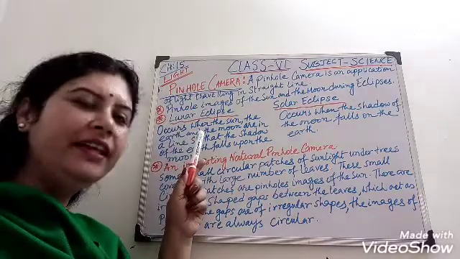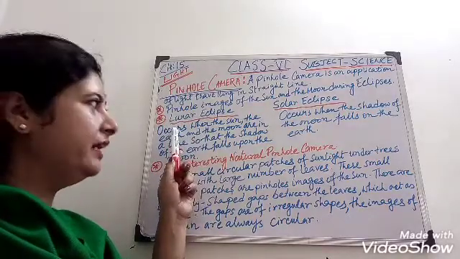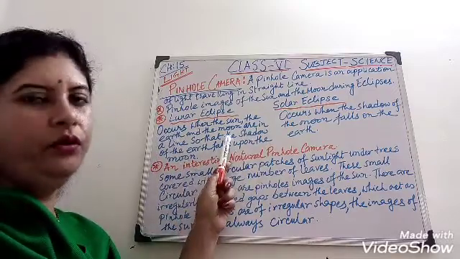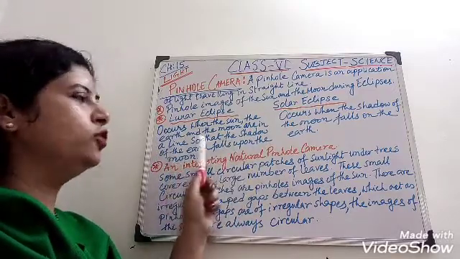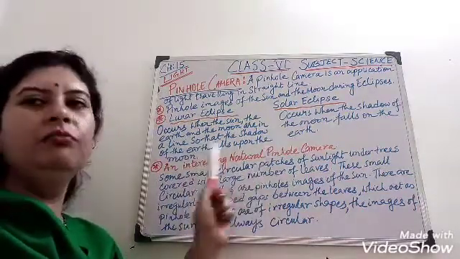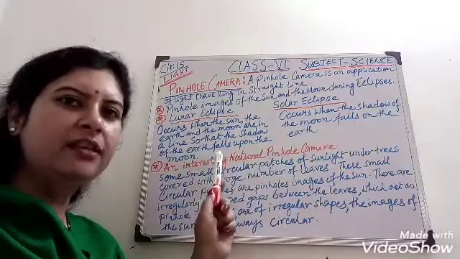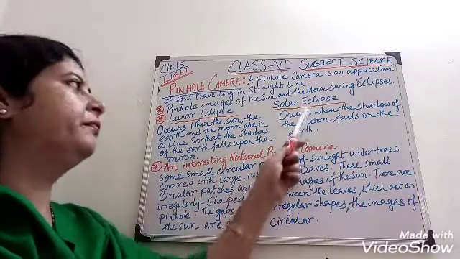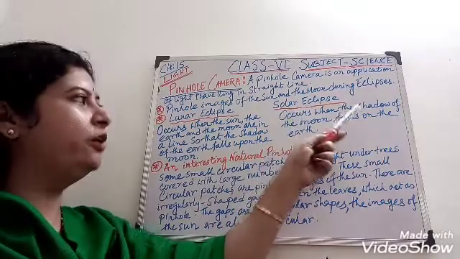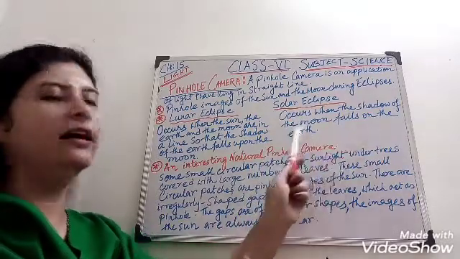What is a lunar eclipse? A lunar eclipse occurs when the sun, the earth and the moon are in a line so that the shadow of the earth falls upon the moon. Now, what is a solar eclipse? A solar eclipse occurs when the shadow of the moon falls on the earth.